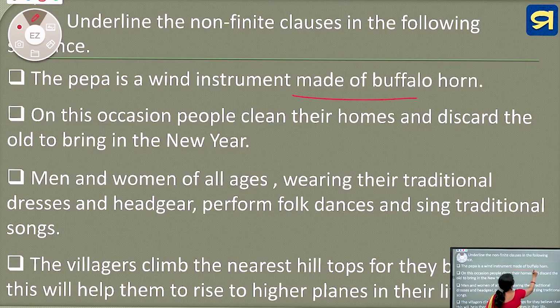Made of buffalo horn. You will underline it. Next, on this occasion, people clean their homes and discard the old to bring in the new year. Very good. To bring in the new year. This is to infinitive and this is the ed form of the non-finite verb.